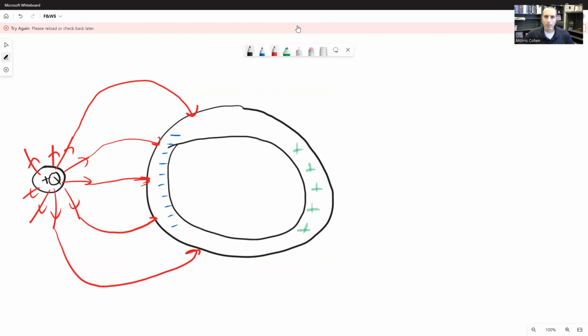It looks like this, roughly speaking, and it will work out that this secondary electric field will precisely cancel the field that would have been created by this positive Q charge. And so in the end, there is no electric field inside.